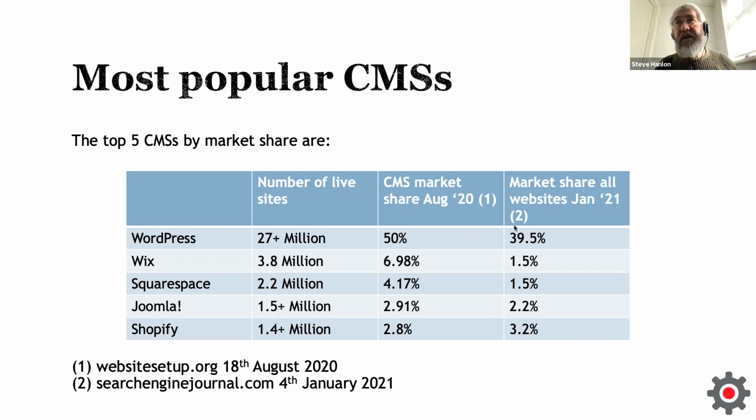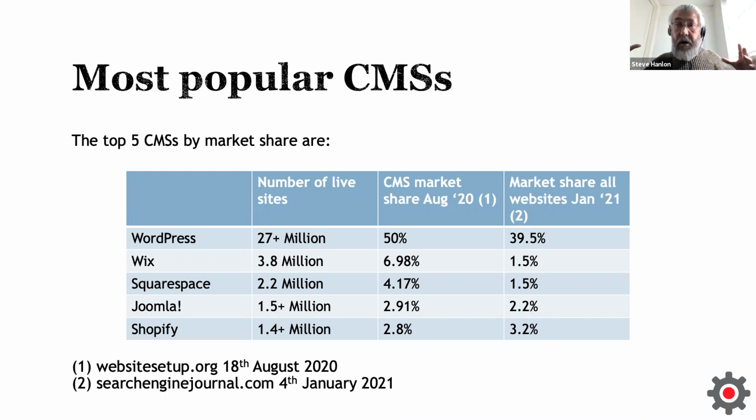That's if it's got a CMS, and you'll see that these numbers drop off dramatically. So Wix, 7%, Squarespace at about 4%. So WordPress really dominates those sites that are run by a CMS.